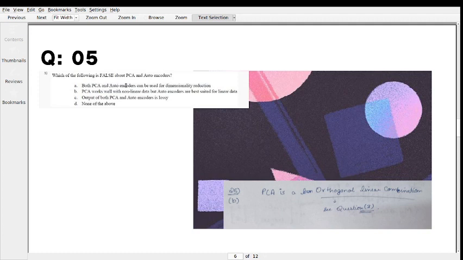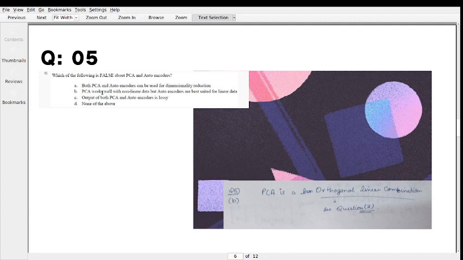Autoencoders use an unsupervised approach to reduce the dimensionality, and PCA uses eigenvectors and eigenvalues to reduce the dimensionality. Now option B says that PCA works well with non-linear data but autoencoders are best suited for linear data.